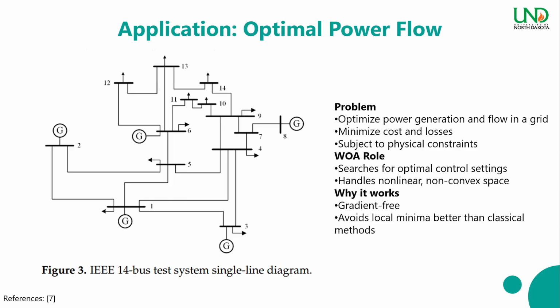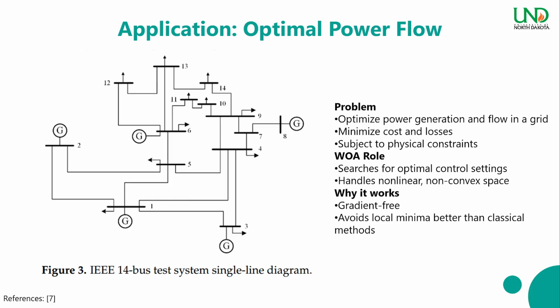The goal is to determine how much power each generator should produce, along with voltage levels and system settings, to minimize the cost and losses while maintaining stability constraints. That's a lot of constraints on the problem. That's a lot of various measures that you have, and they're nonlinear. So this is a nonlinear, non-convex optimization problem.